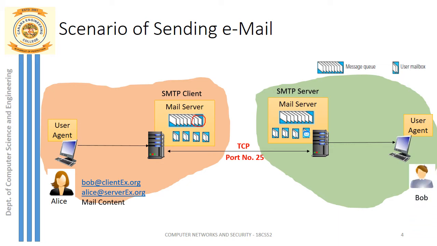Once Bob logs in to his user account, he can see the message sent from Alice in his mailbox, and he can receive and read it by using the user agent. This is a simple scenario of sending an email from sender to receiver.